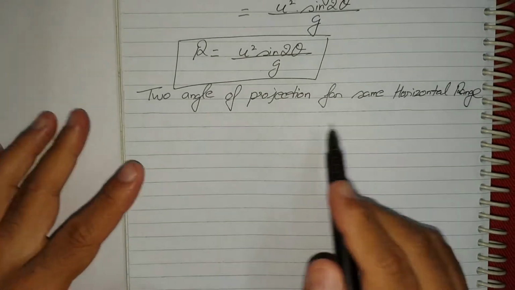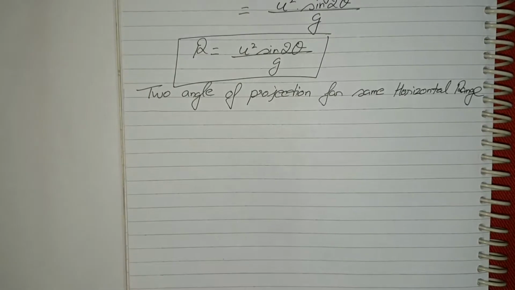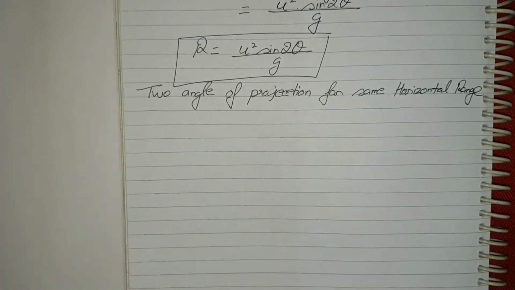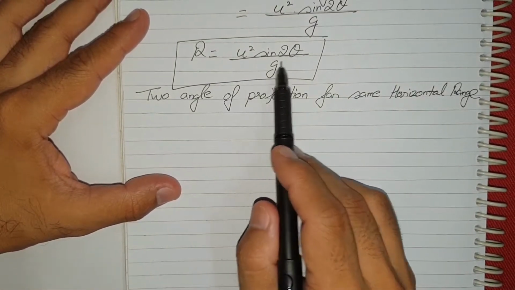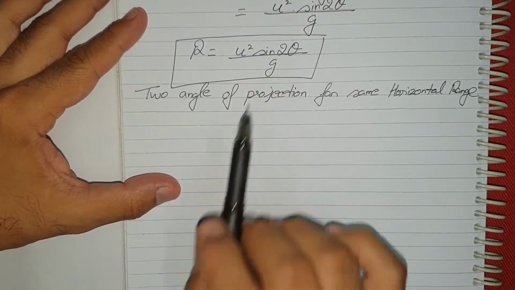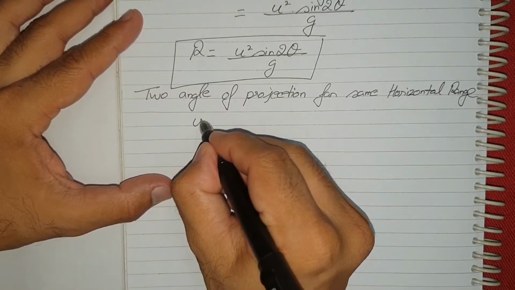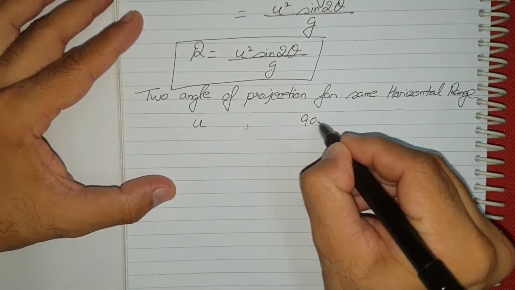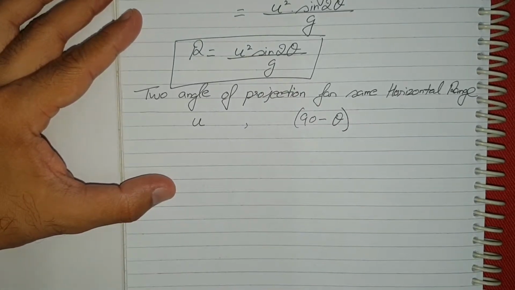Now, two angles of projection for the same horizontal range. We know that when the object is projected with the velocity u making an angle theta with the horizontal direction, the horizontal range is given as R is u square sin 2 theta by g. Now, when the object is projected with the velocity u at an angle of 90 minus theta with the horizontal direction, what will be the horizontal range?